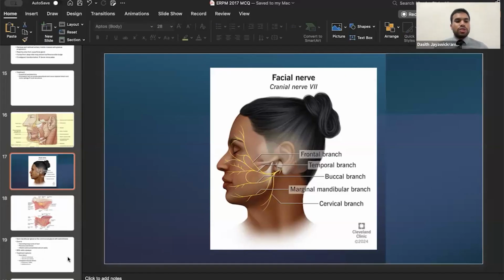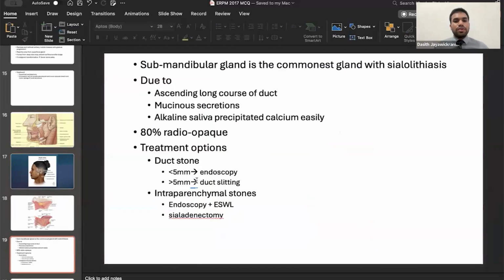Now, when you talk about sialolithiasis, the submandibular gland is the most common salivary gland to have stones. Why is it? Because of an inborn defect in the anatomy of this gland. The gland's duct has a very long course and it ascends against gravity. It is in the floor of the mouth and it comes up to the mouth.